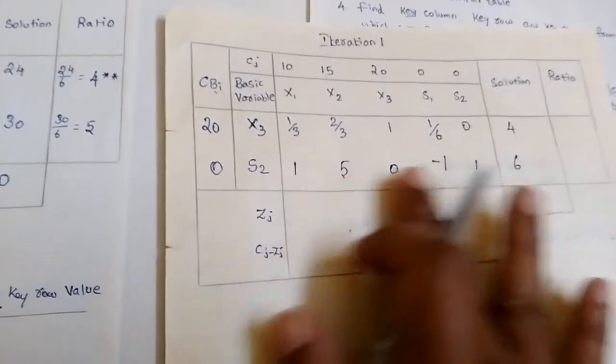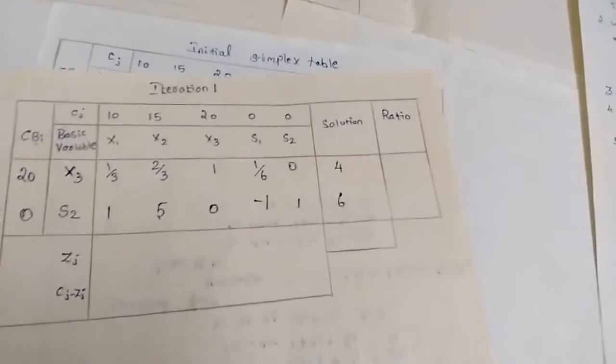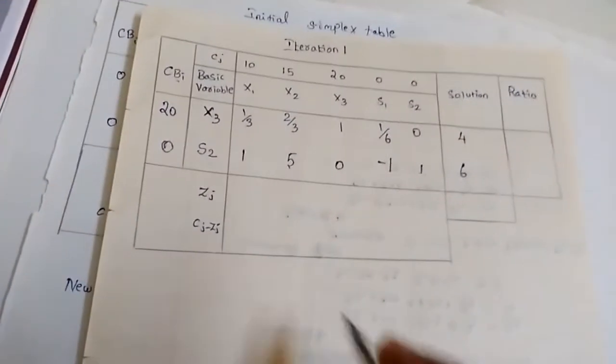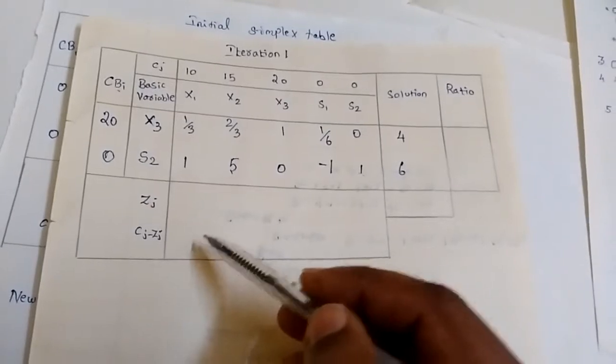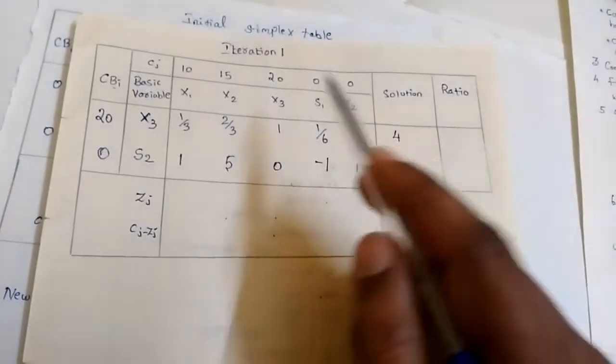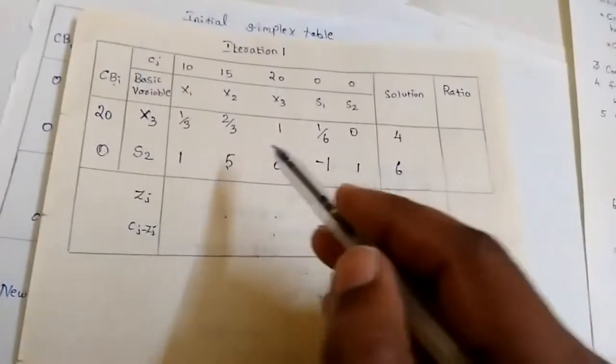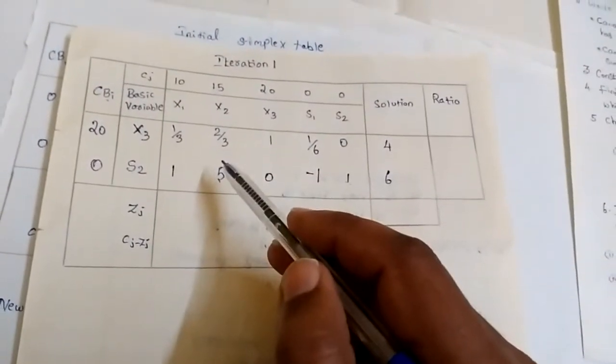Now the table is completed with the new values. Now there is no use of the initial simplex table. Now we are going to calculate the zj value, then cj minus zj. Then if optimality is not reached, again calculate the ratio, repeat the process, find the entering variable, then go for the next iteration.